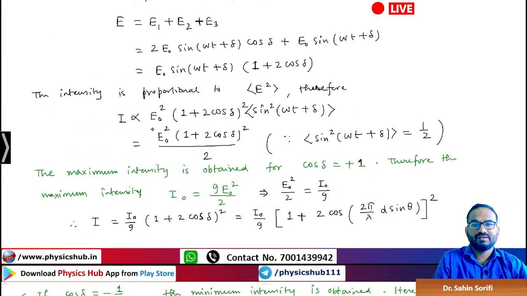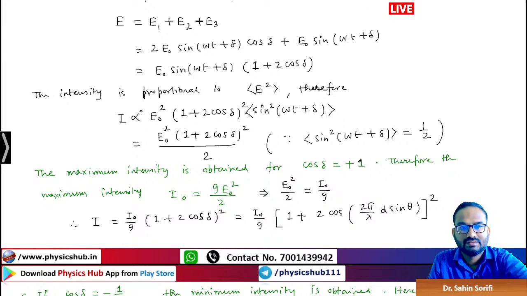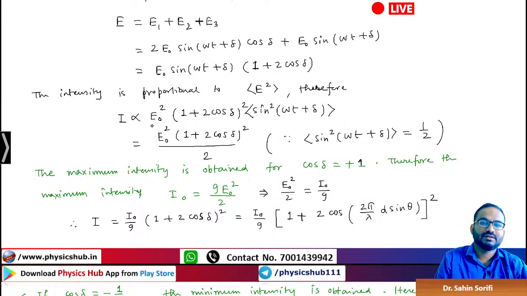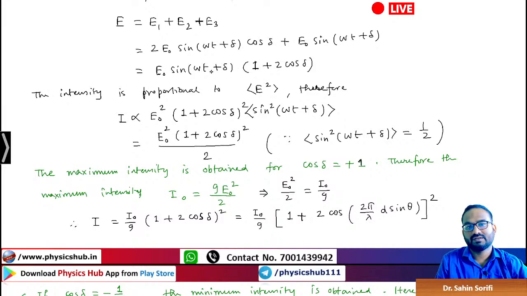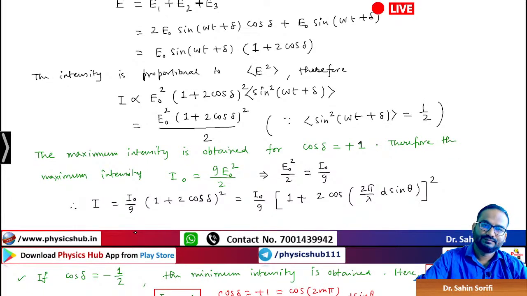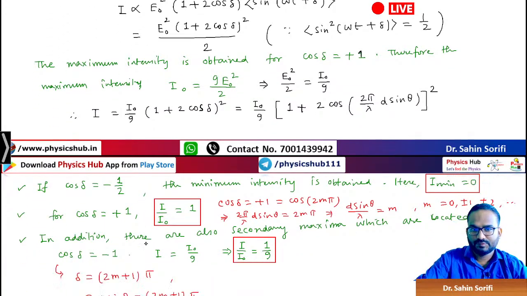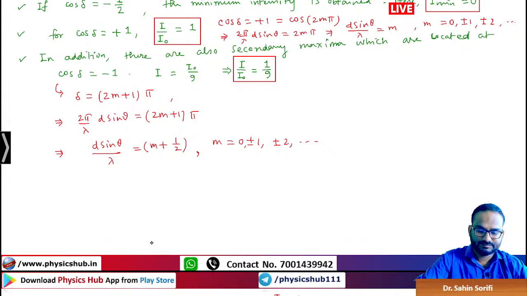Actually, look here, we can write I equal to E square, because you are not emitting anything. We are just squaring. You are not squaring the amplitude only, we are squaring the whole thing. That is why you can imagine that the proportionality constant is 1.